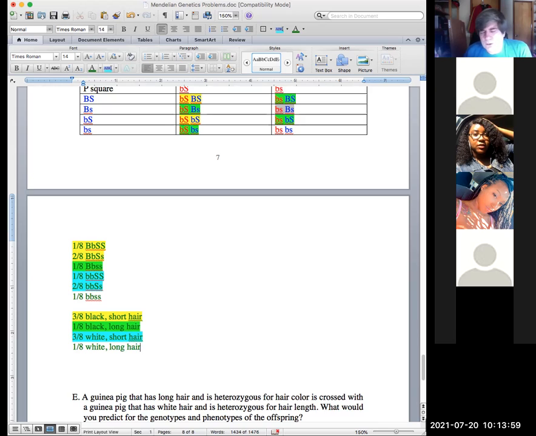So in a dihybrid cross, remember what we said the other day when we discussed Mendel, we have to do 2 characteristics at once. We can't just do one.